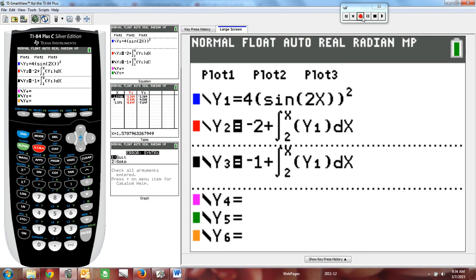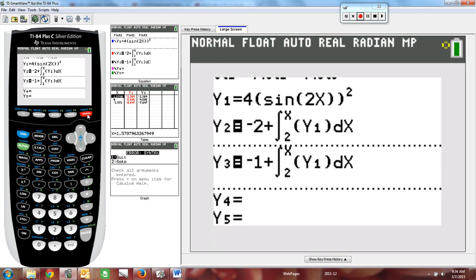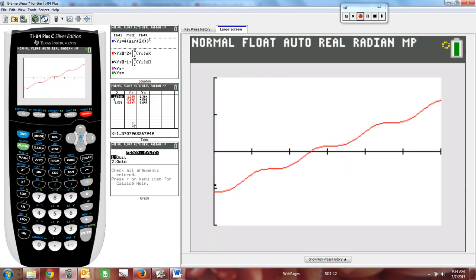But we'll go ahead and hit graph again, and we'll start to see slowly but surely the graph coming along here, and notice that it's going to be exactly the same as the one that I already have graphed. It's only going to be shifted a little bit. And what's going to be the shift, you'll see here at 2, it was -2, okay?